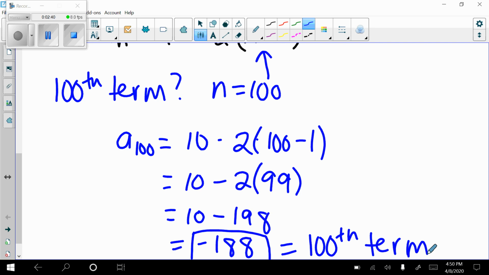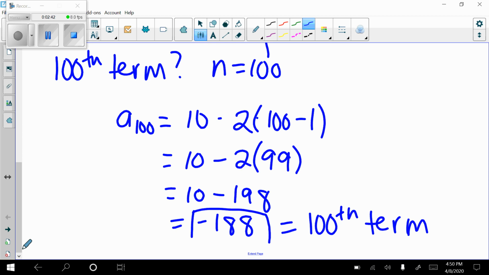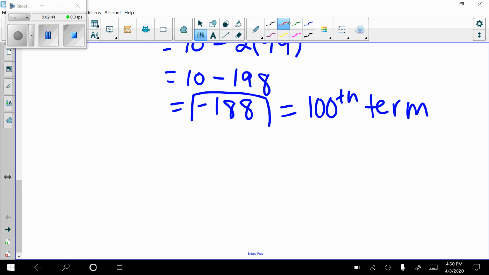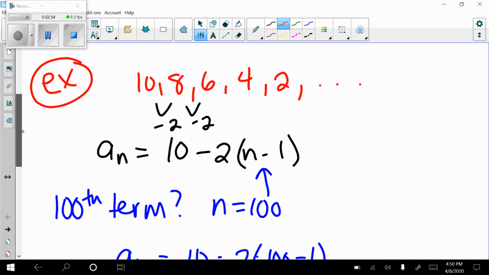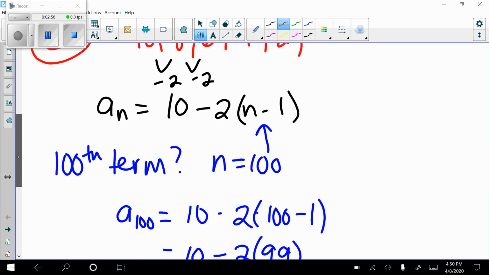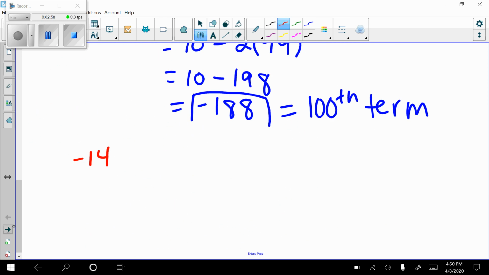The new thing that I'm going to add is saying, with that same sequence, I'm going to tell you a number that I know is in the sequence. So I know that the number -14 would be a part of this sequence, but I want you to tell me what term number that is.